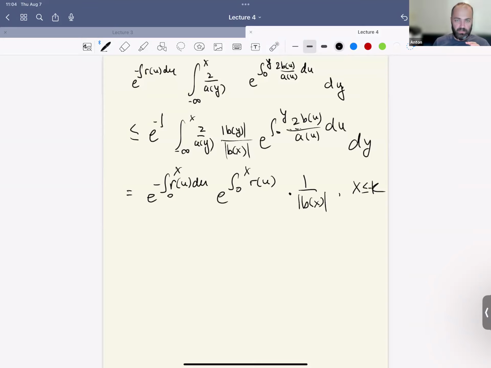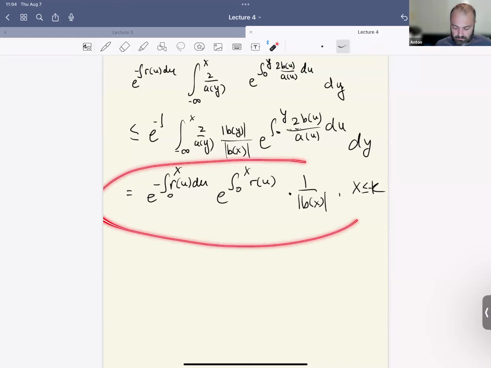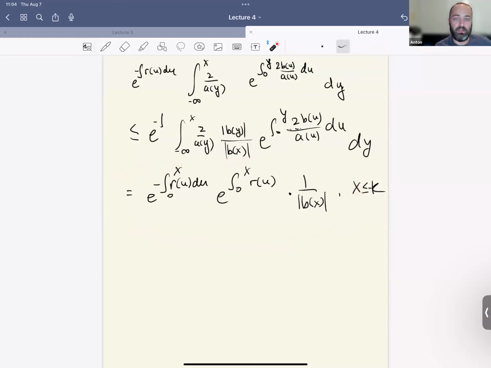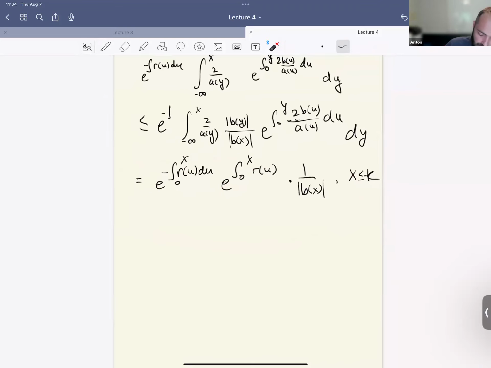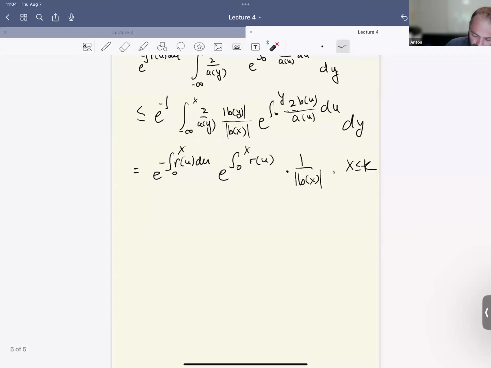Inside from negative k to k, again, remember that we can bound it using the crude bound. You can say, am I ever going to use this? Actually, I will come back to this when we're talking about the y1 diffusion. So in about 20, 30 minutes, I'll show you that this is actually useful. These, of course, cancel each other out, and ta-da. All right. So this is a technique for generic one-dimensional diffusions.